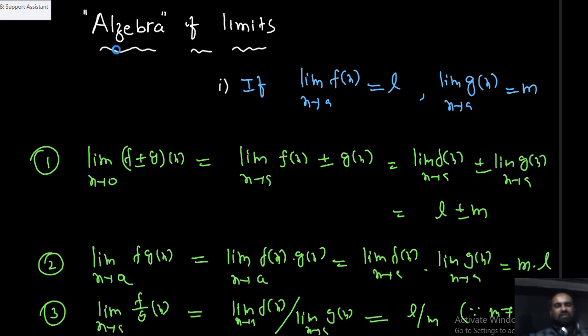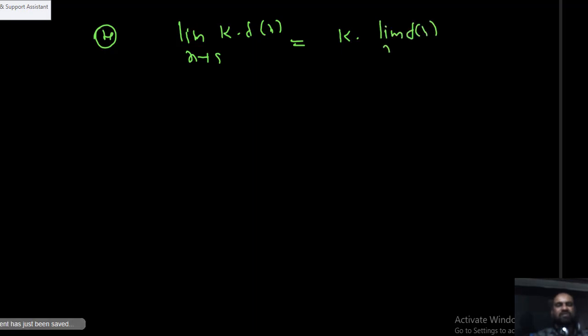Next, fourth one, important students: the limit of the function k into f of x as x tends to a is the same as k into the limit of f of x as x tends to a, that is nothing but kL.